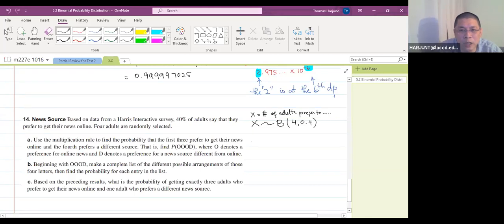So the first 3 are online, it's 0.4 times 0.4 times 0.4, times, to get a different source, 0.6, the complement. If I compute this, that's 0.4 cubed times 0.6, I get 0.0384.